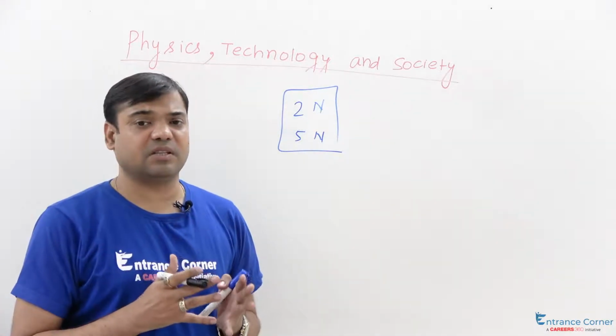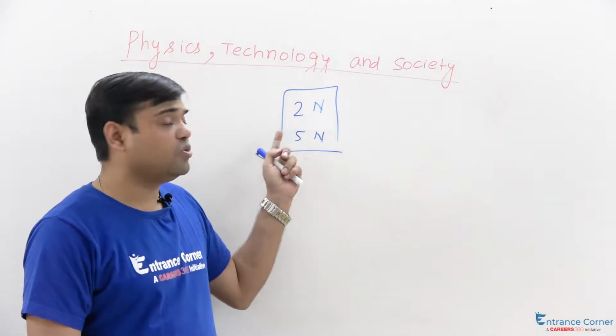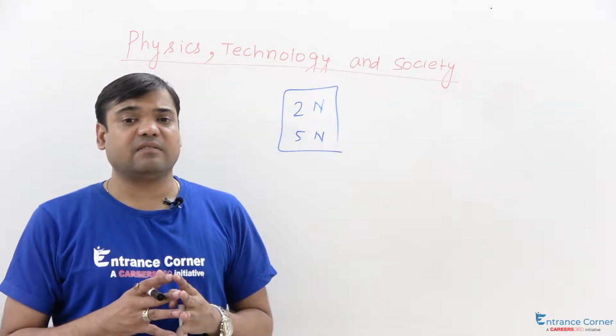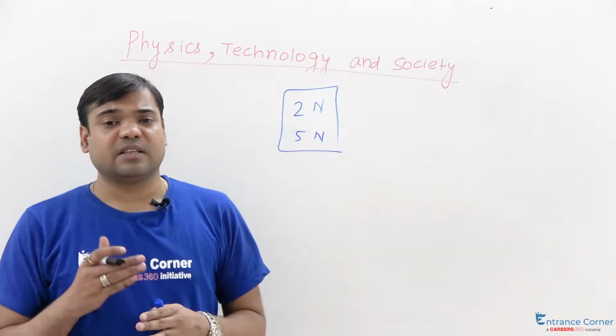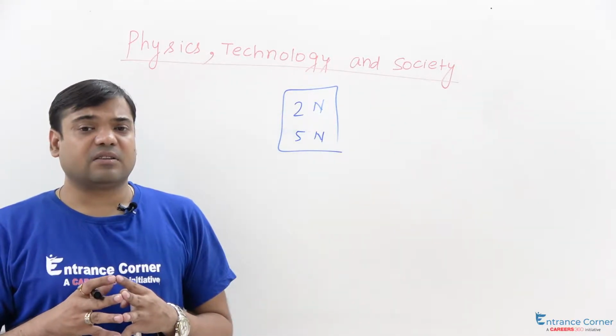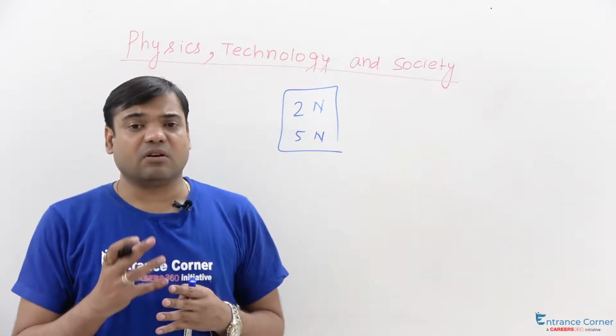The one thing is obviously its magnitude or the value, which here in this case is 2 or 5 Newton in the two cases. Along with that we need to know the direction in which that quantity is operating, and along with these two we must also know the law of addition.